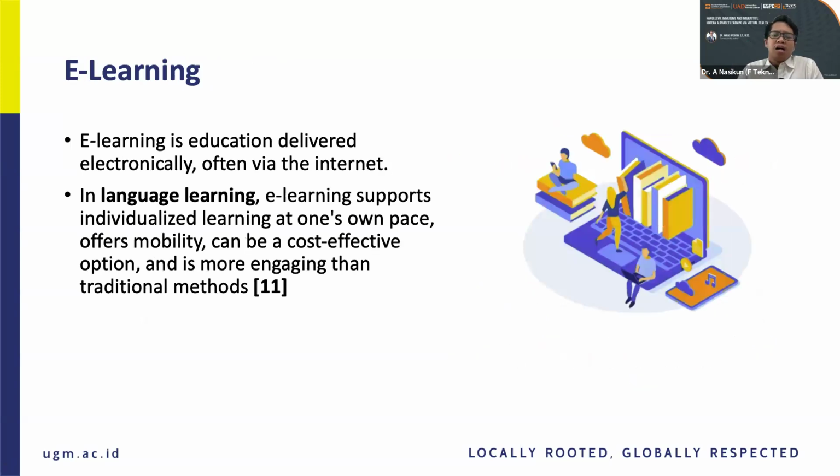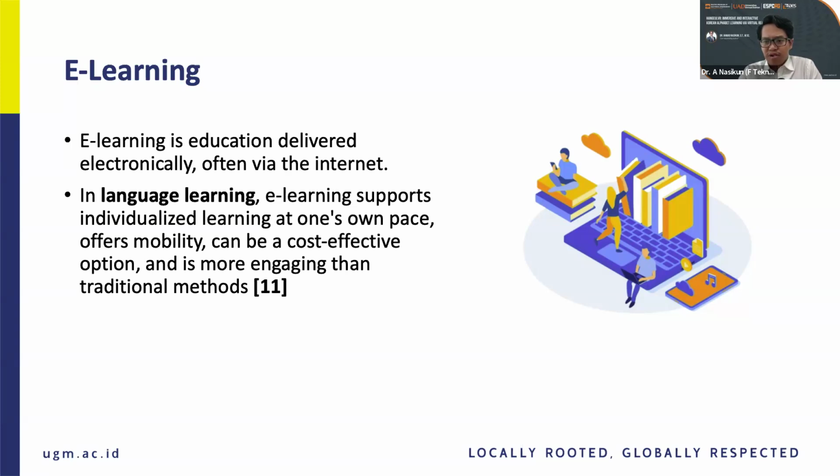Then we'll teach it using an e-learning system, which is education delivered electronically, and these days normally delivered via the internet. This is very helpful for students learning a language because it allows them to learn individually at their own pace.